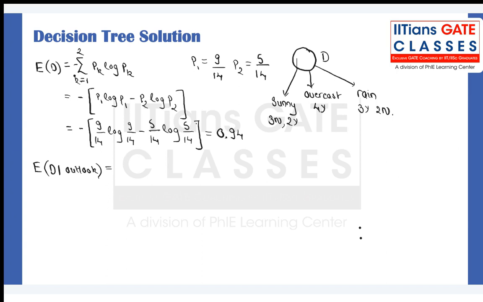There are 3 different weights because there are 3 different categories. 5 by 14 entropy of D given sunny, plus 4 by 14 entropy of D given overcast.